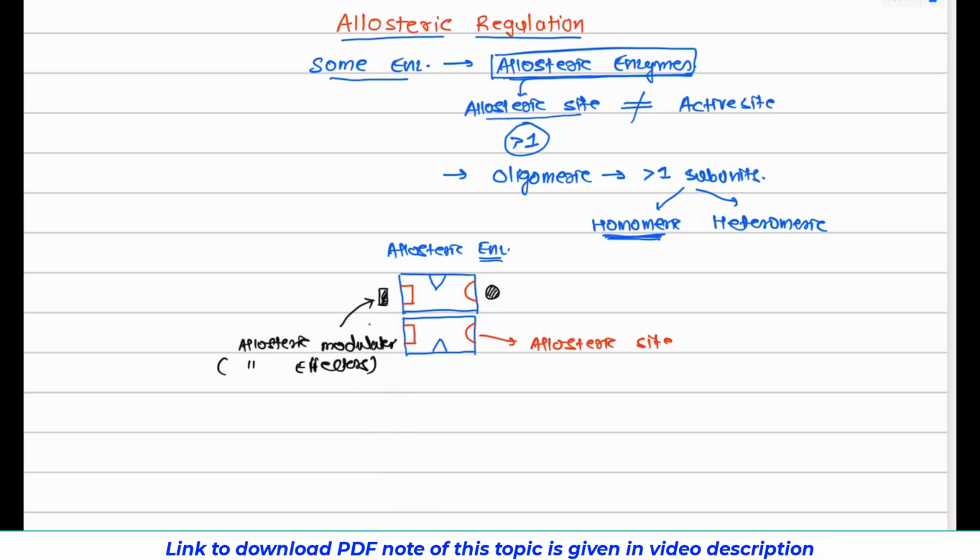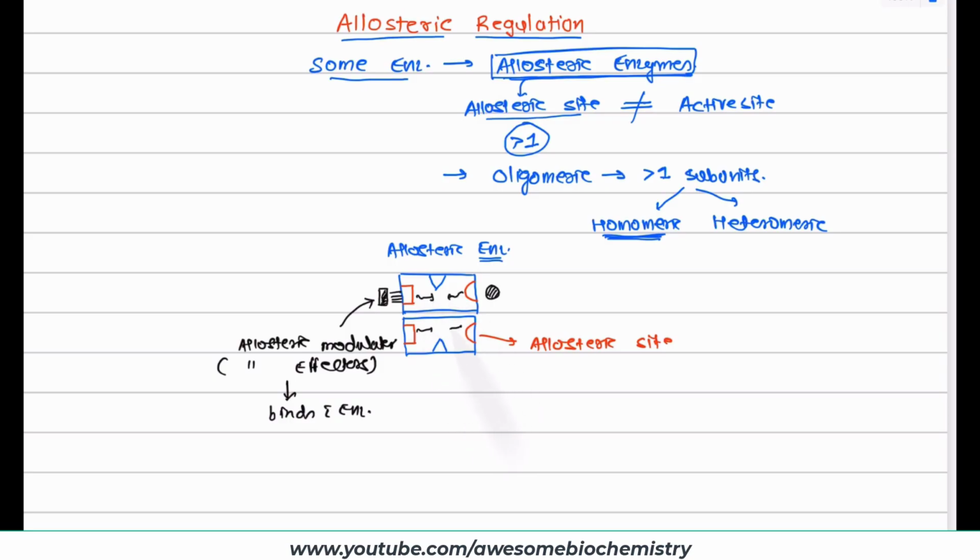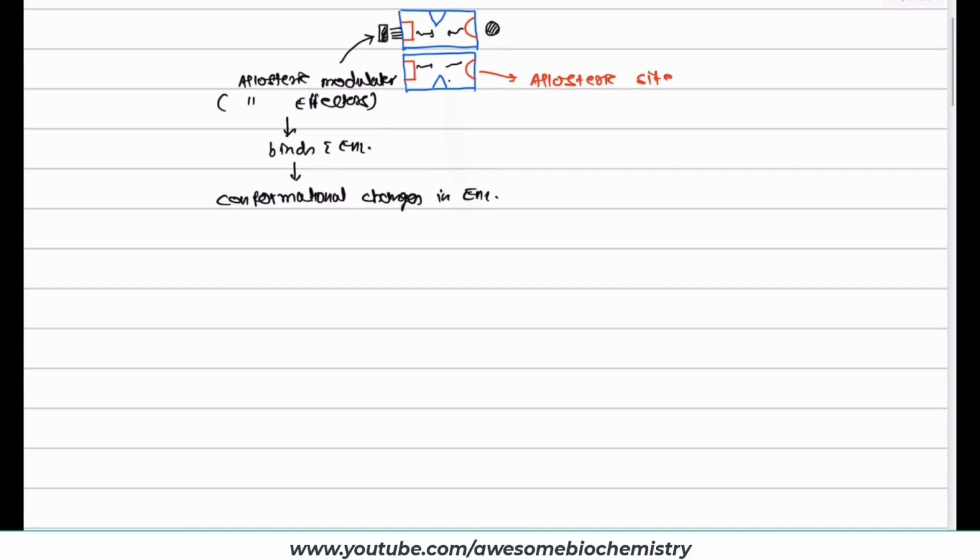Now what happens? The allosteric modulator first binds with the enzyme at the allosteric site. This binding leads to conformational changes in the enzyme, and because of these conformational changes, the enzyme's activity may increase or decrease.